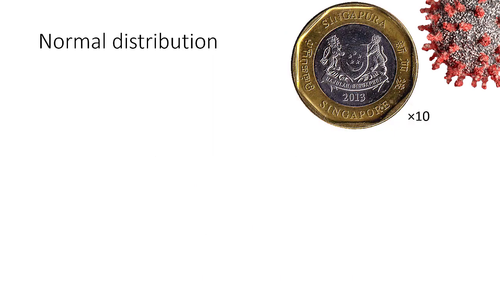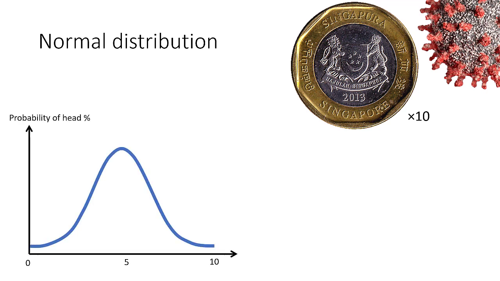So next, let us talk about normal distribution. Over here, I have a $1 coin. Let's say I flip it 10 times. You will expect the probability to be like this. I want to find out how many heads I will get. So 0 heads, the probability of getting 0 heads is probably very low.